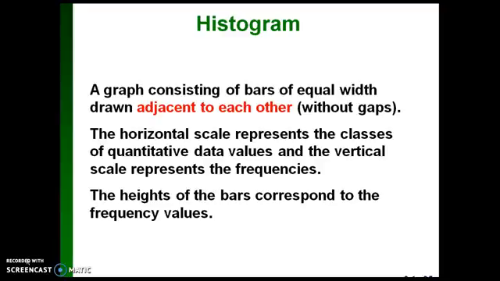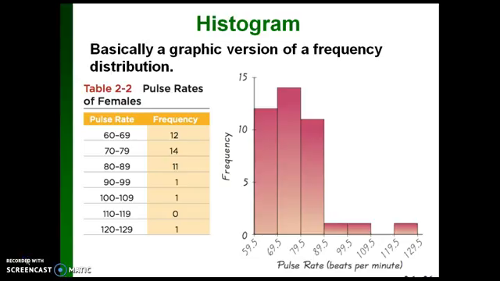When they're touching, that means that there is no break in between that data, so that the data is continuous, something that we talked about in Chapter 1. If there's gaps, it means the data was qualitative, so maybe it's like your different flavor ice creams or cat, dog, fish, something that is just a title, or that the data is discrete.